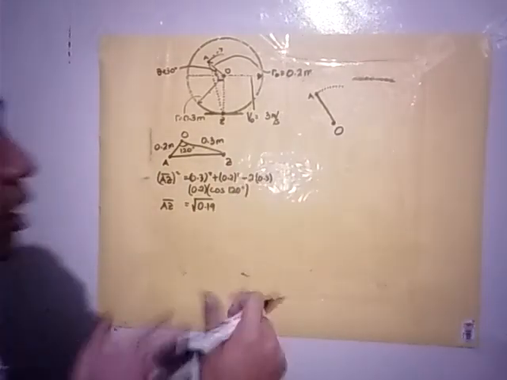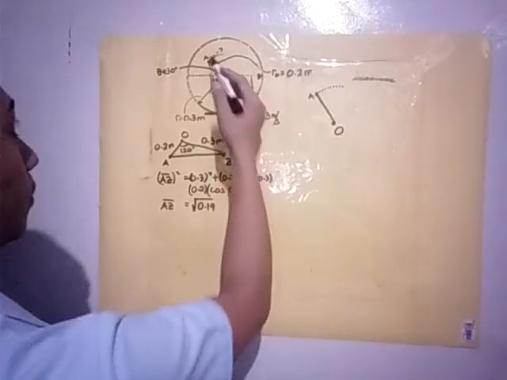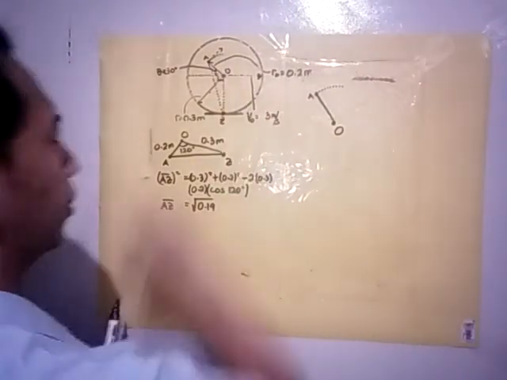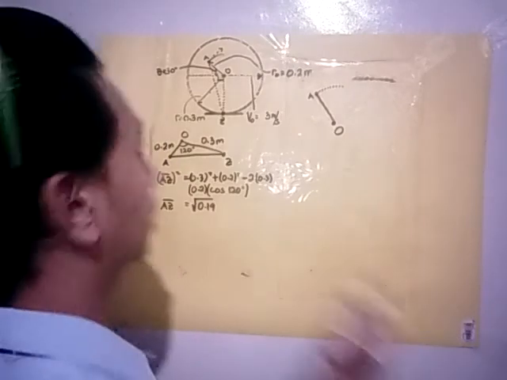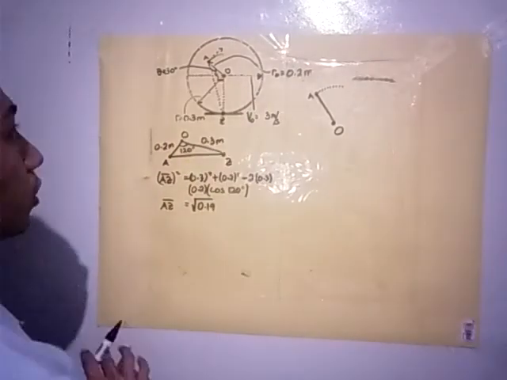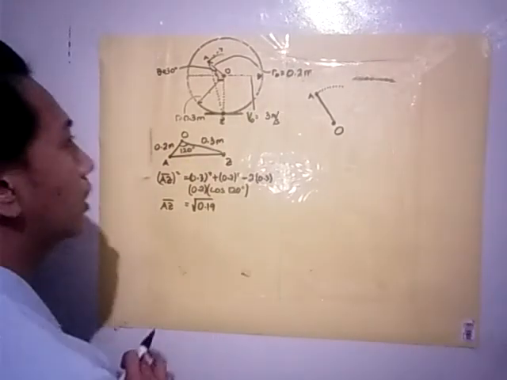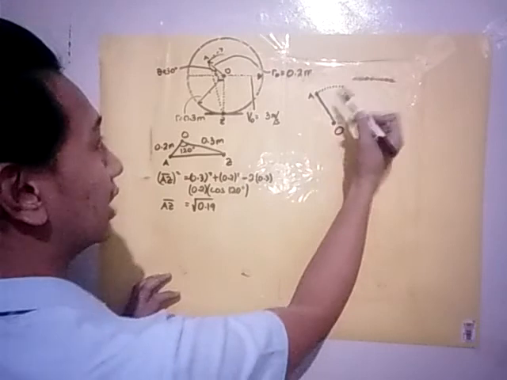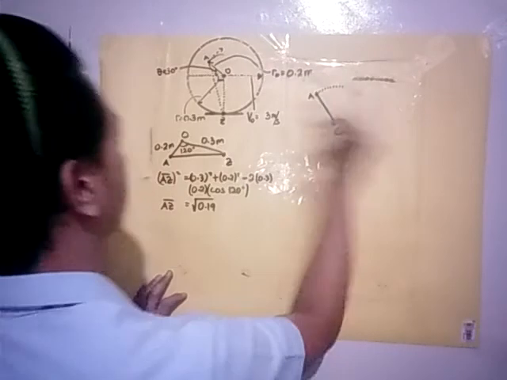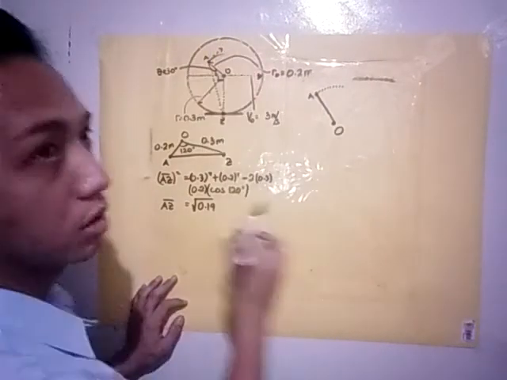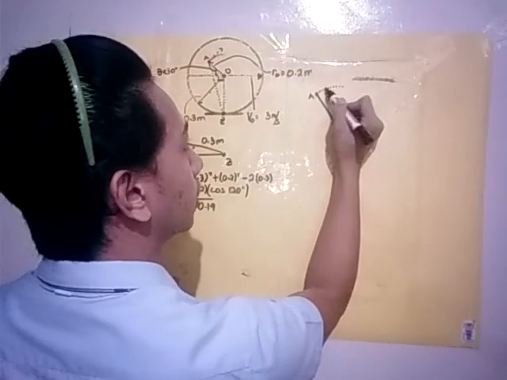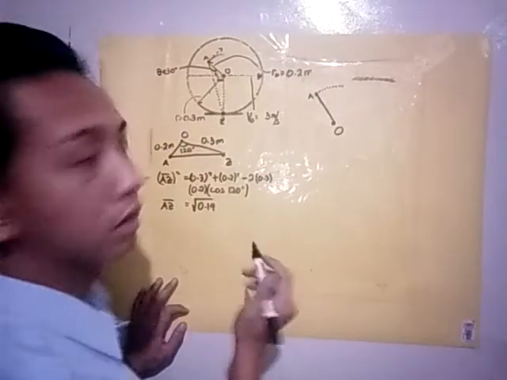So as I said in my last video, our point A is following a circular path as our wheel rotates or rolls. So this is that path as our wheel rolls, our A also rolls like this one.